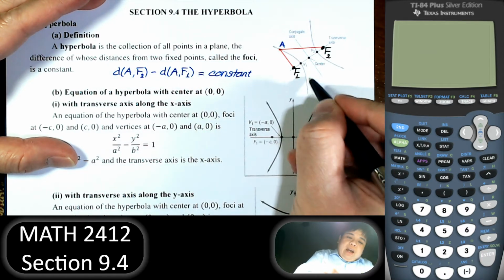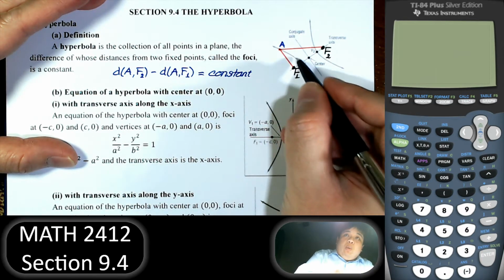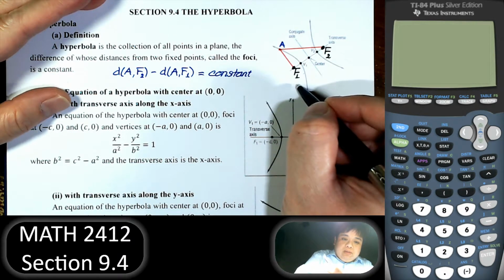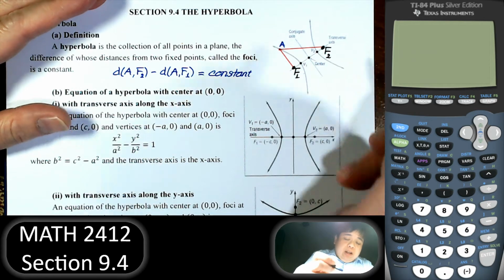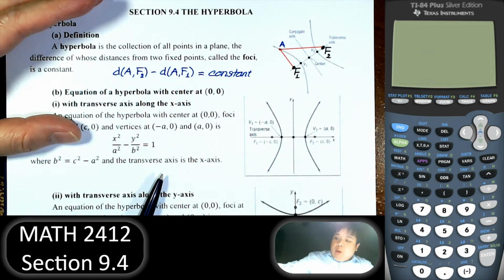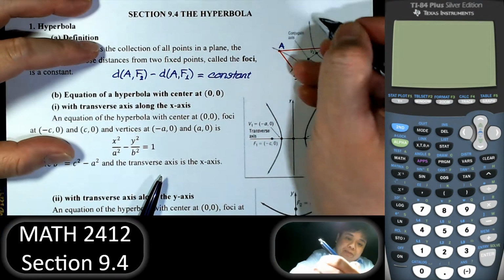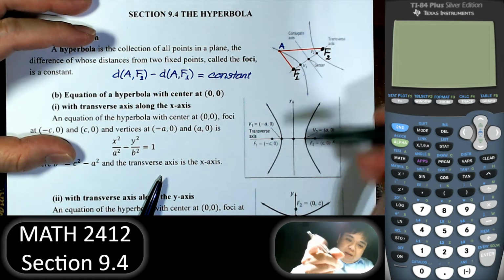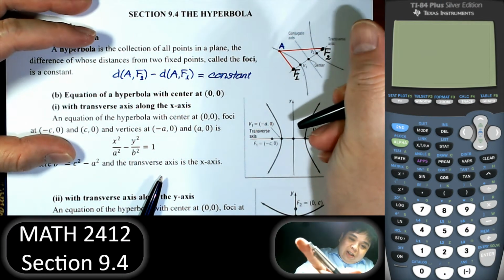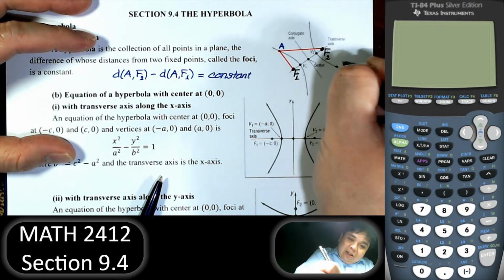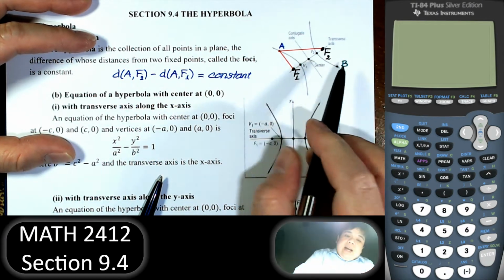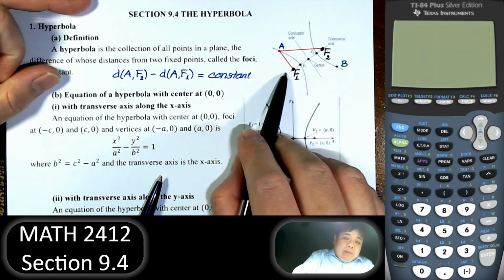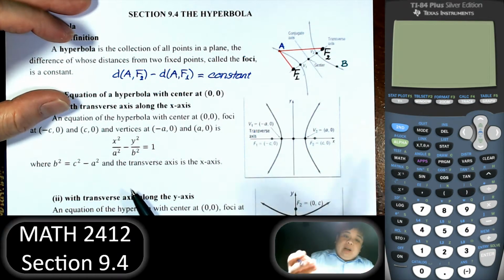Of course, we might have another point; it doesn't matter what the point is on the hyperbola, it will have these properties. If the point is on the other branch of the hyperbola, maybe this one, then it is closer to focus 2 than focus 1, but the difference between them is still the same.